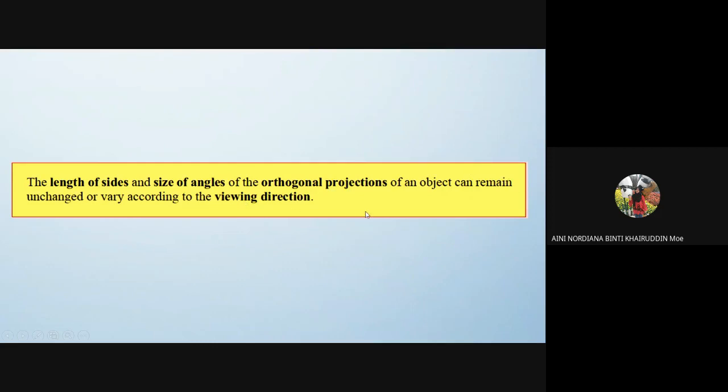Okay, as you view from Z, ada yang berubah, ada yang change or vary from the original length. But viewed from Y, all length of sides and size of angles remain unchanged. So it depends on viewing direction.